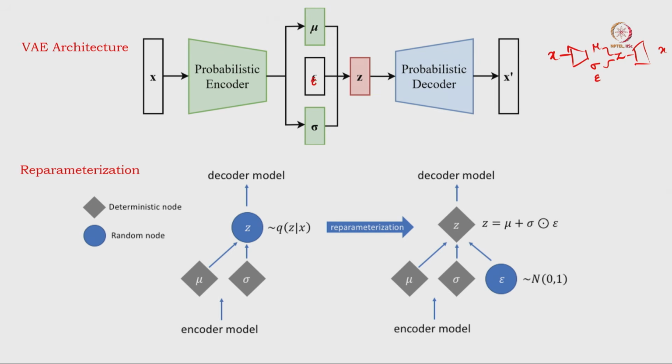This term will help with backpropagation. So earlier, this was the original variational autoencoder with just these two terms, but now you also have this term. Because of this, during backpropagation the gradients will flow. Here the gradients were not flowing, but here the gradients will flow.